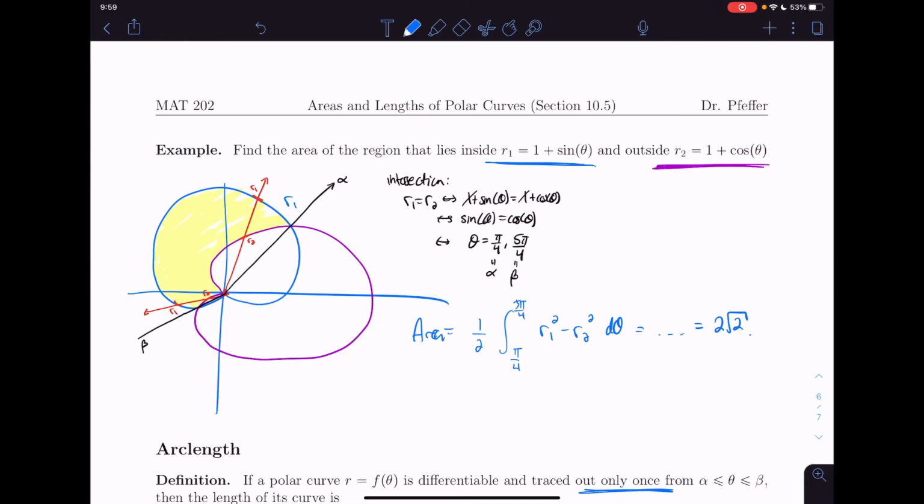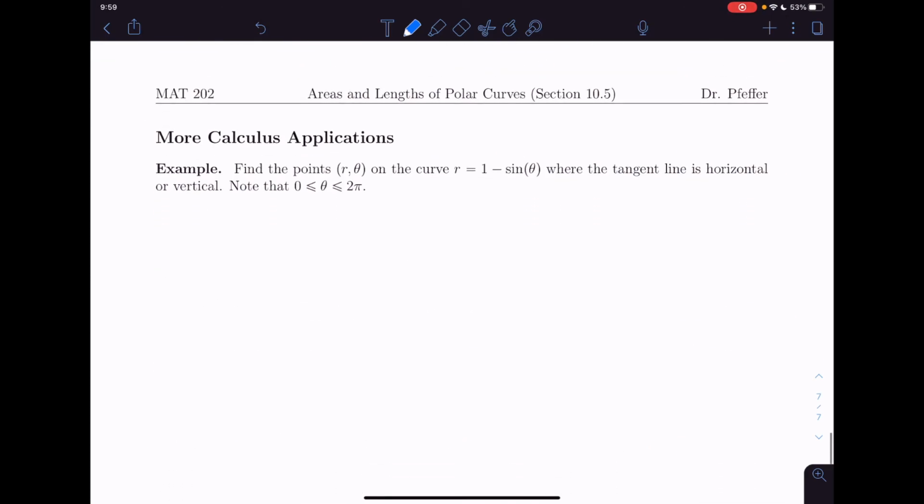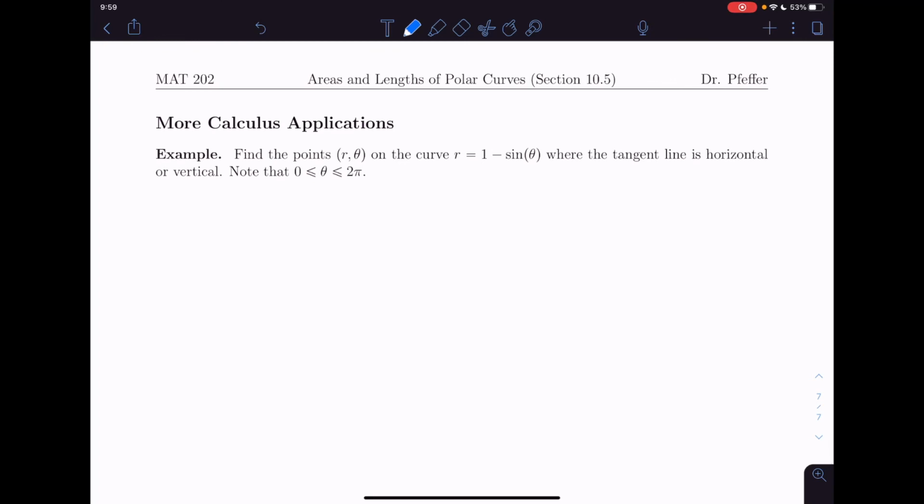The final object inside of this handout is a final question on horizontal and vertical tangent lines. This is a really interesting application of the content we learned earlier in this chapter.